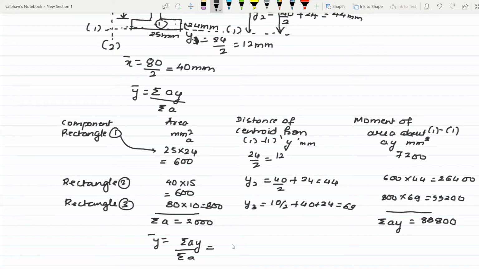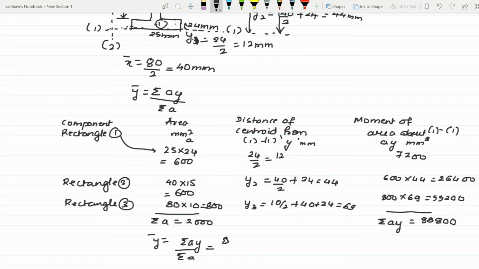So finding centroid is made very simple. We have to just divide the given area into simple figures. We have to find the distance of the CG of each simplified figure from the reference axis, and we have to find individual areas and reference axis distances, multiply them, find total area, find summation of ay, then summation of ay by summation of a, we get y bar.